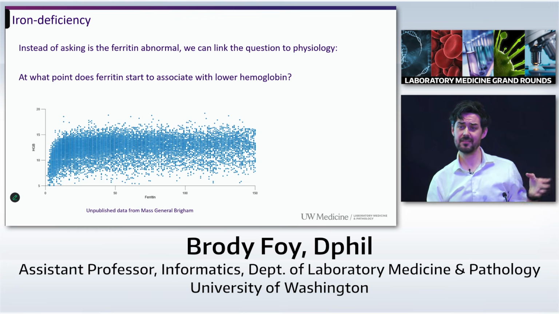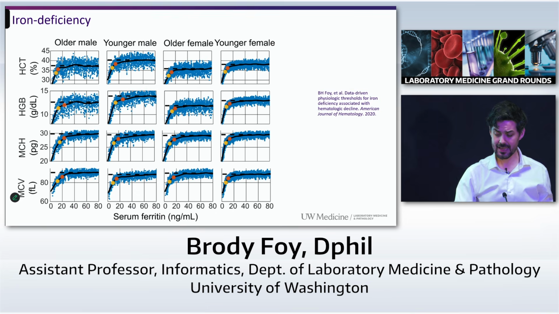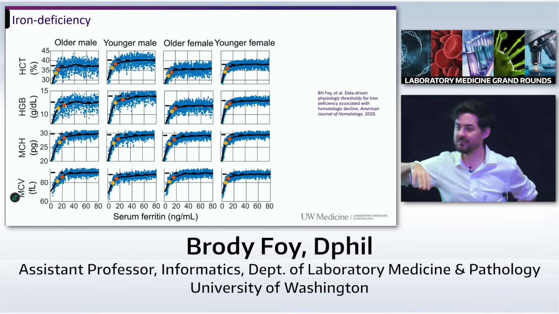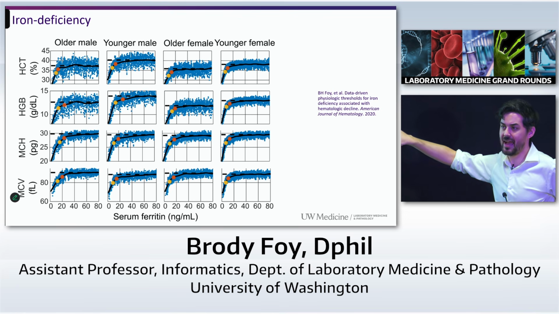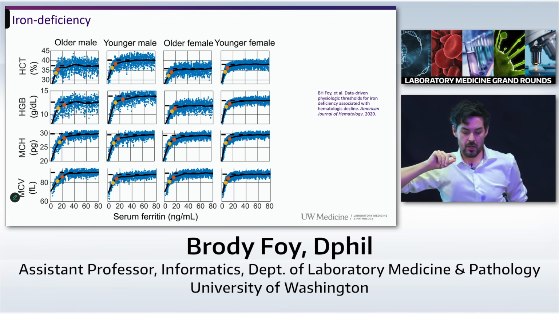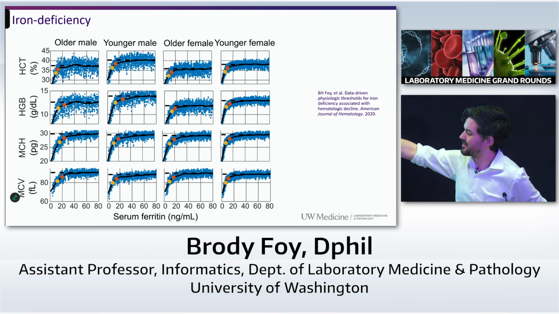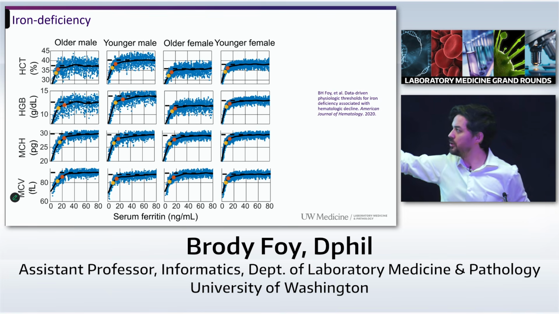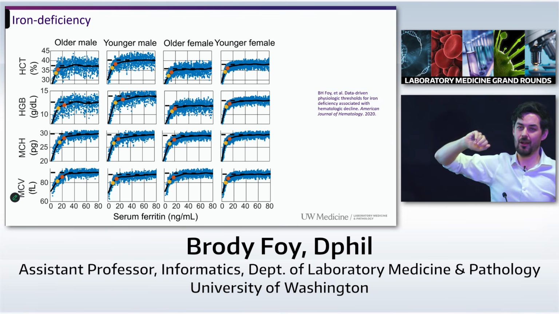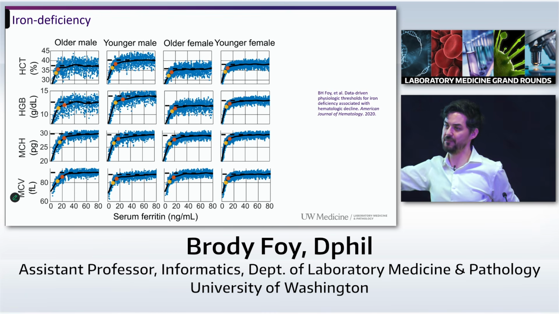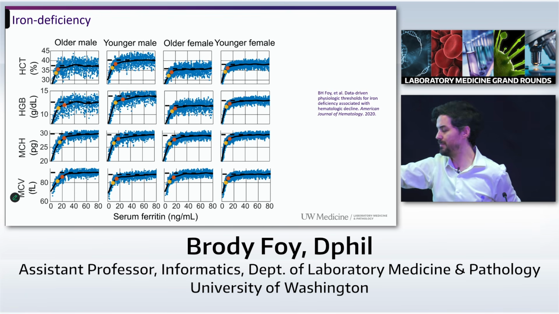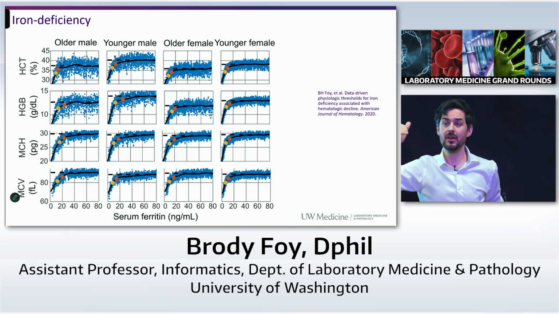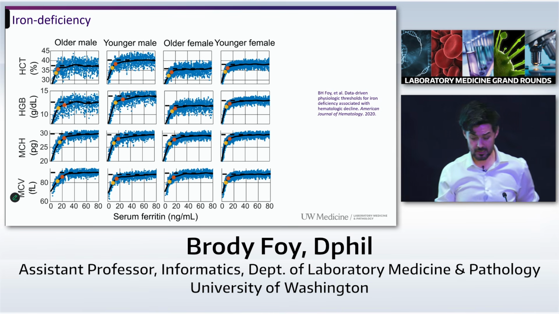And so we can try to estimate, when does that curve start to kick in? If you do this a little more carefully, separating out by different age groups, men and women, you can see that somewhere between 20 and 40 nanograms per mL in ferritin, depending on which marker you look at and how much change you care about, is when your heme parameters start to decline.